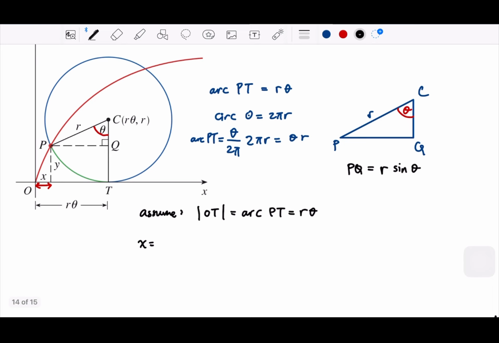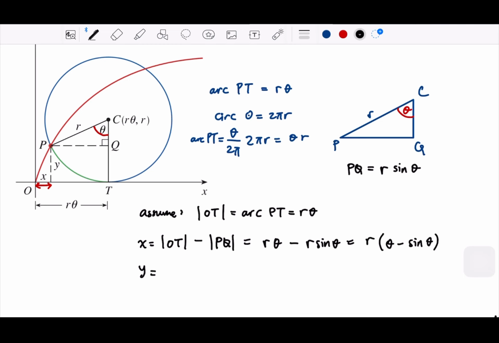So x is OT minus PQ, or r theta minus r sine theta, or r times theta minus sine theta. And why is this part here?